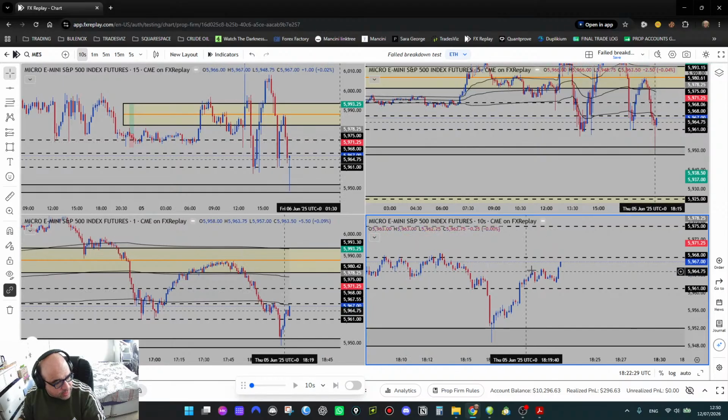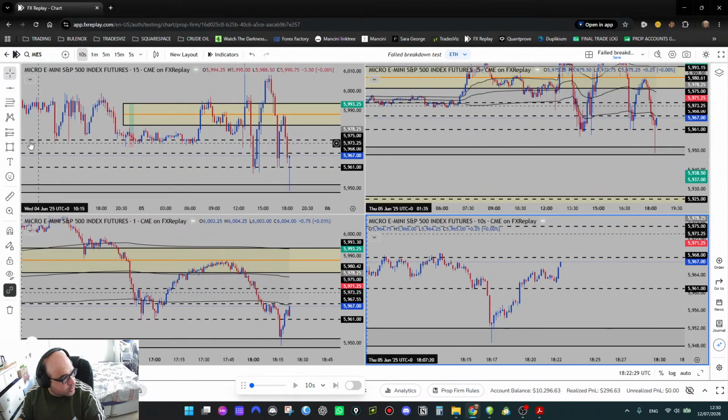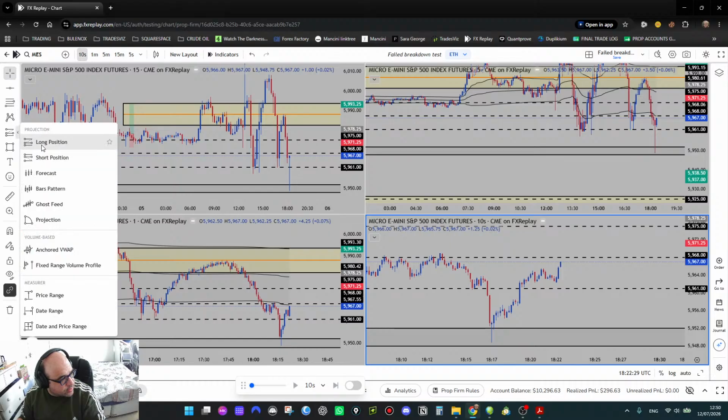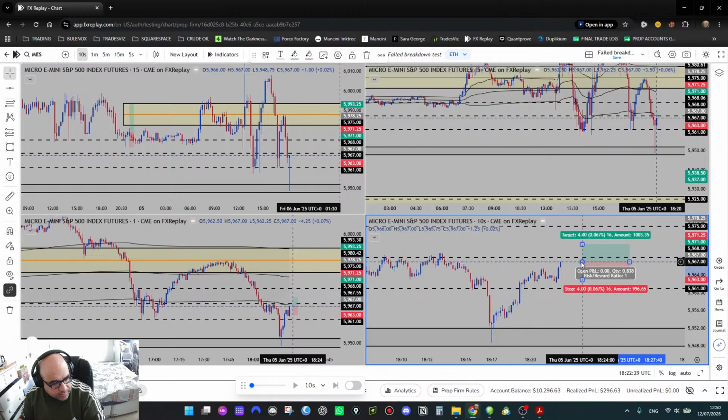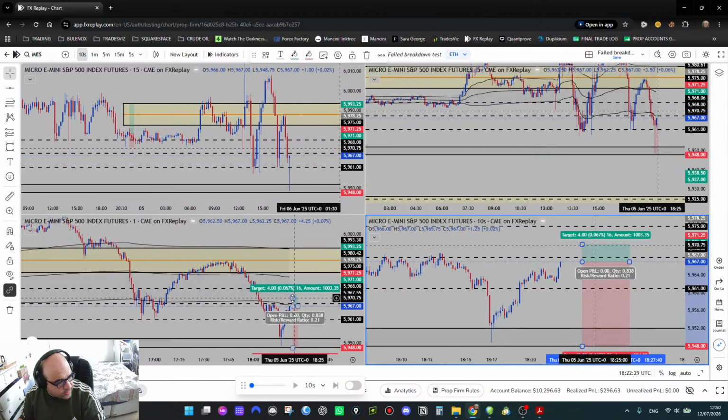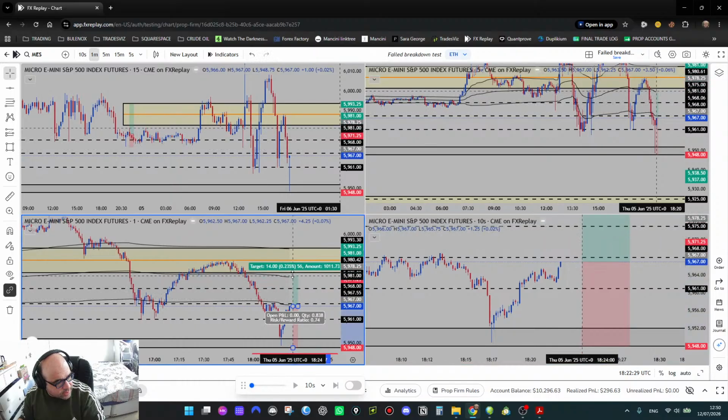Before we do this, we need to do position sizing, risk management. So it's a long position. I'm going to place it right here. I'm going to put my stop loss right at the bottom with the other level.